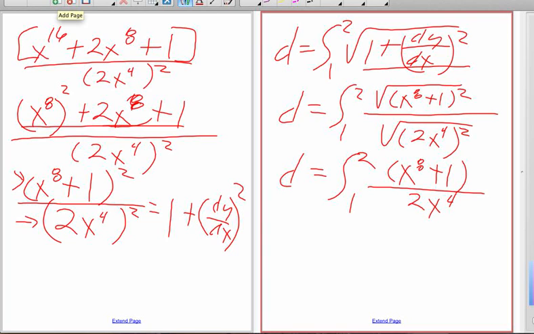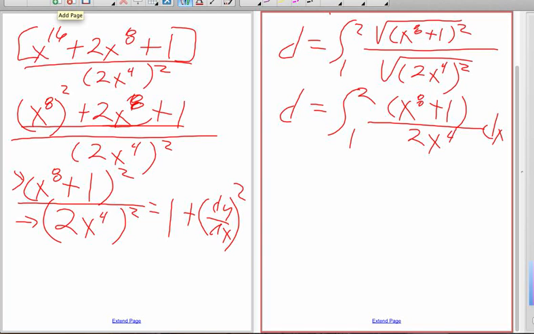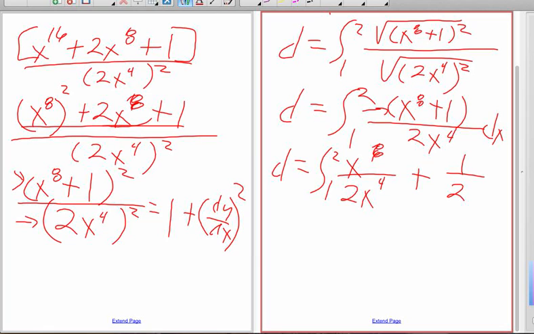Okay, now I still don't have a u sub, but it's all right, dx, because now I can split my numerator up. So distance is going to be equal to the integral from 1 to 2 of, and remember you can split up the numerator but not the denominator, x to the 8th over 2x to the fourth, plus 1 over 2x to the fourth, dx.